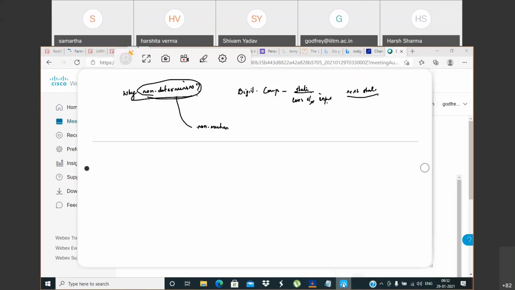Any mechanical device is not going to have this kind of non-determinism by design. Of course, a mechanical device can always fail, but that is a different thing. By design, it is not going to have this kind of random behavior, right? So you call this a non-mechanical feature, right?